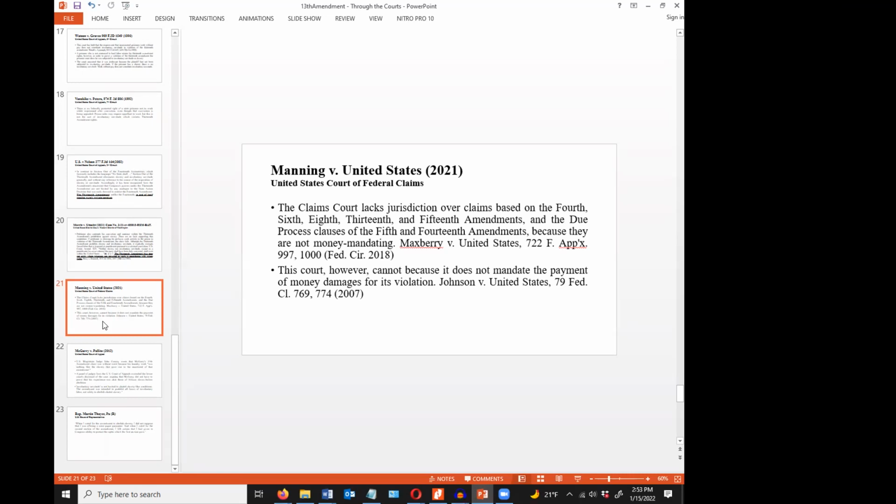They not only bring a 13th Amendment claim, but they also want to get paid because they're being violated. And the U.S. Court of Federal Claims said that they can't handle that because there's nothing monetarily attached to any of those amendments. They basically can't do anything about it. Does that answer your question? Yeah, I think so. I think what you're saying is that the amendments don't clearly state that a monetary option is even available. That's exactly right.